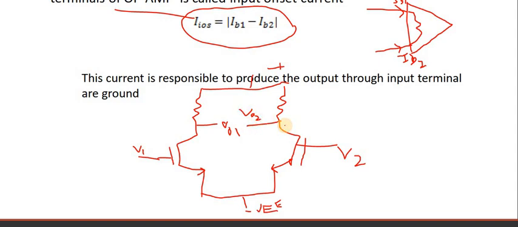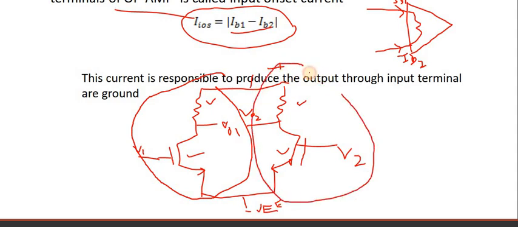At the time of the design, for any circuit you can choose the same parameters: the same resistance value, transistor value, V1, V2 value, you can keep everything the same. At the time of simulation, you may not get any difference in these bias currents. But when you do the layout, if your layout is not a completely mirror image of this, suppose these are the two parts, you need to do the layout.